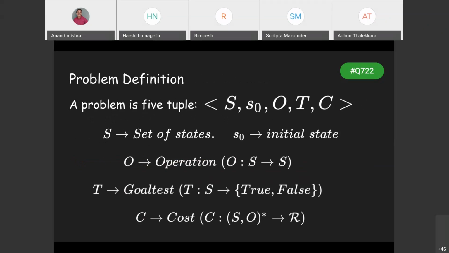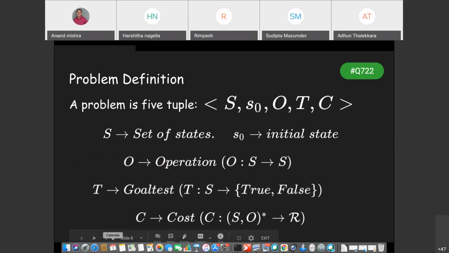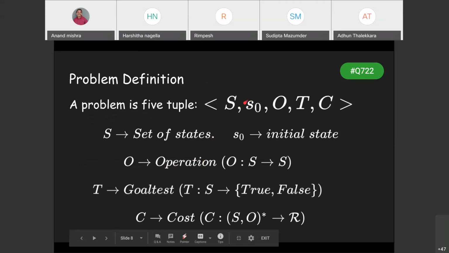Then we also talked about a formal definition of what a problem is, and we said a problem is nothing but a five-tuple. We have the set of states, denoted as capital S, and S naught, which is the initial state. Then you have operations, which are functions from the set of states to the set of states, like move right or move left. So if you are in some particular state, you move to some other state.